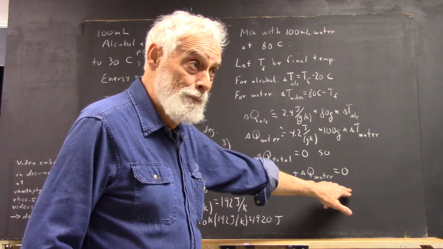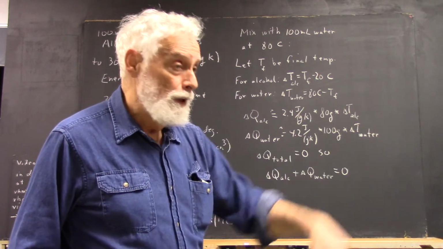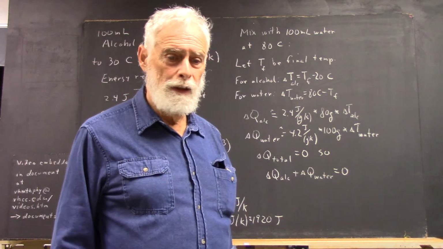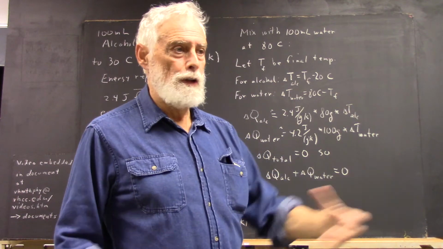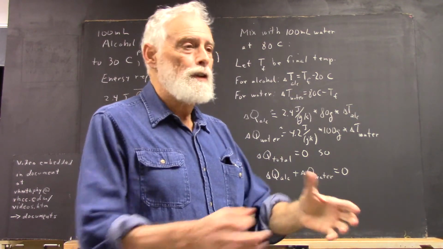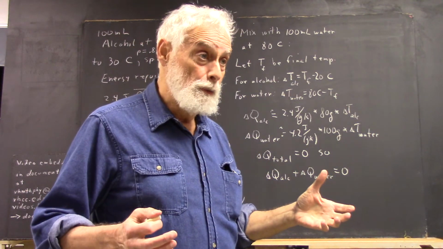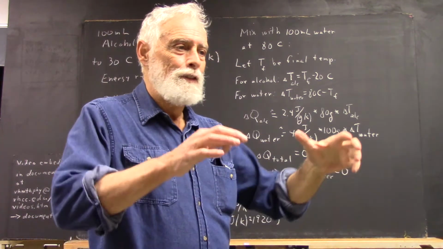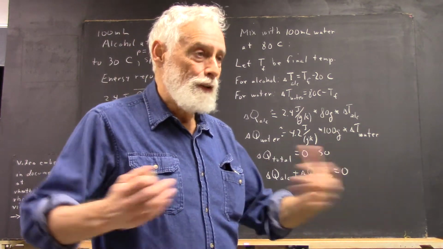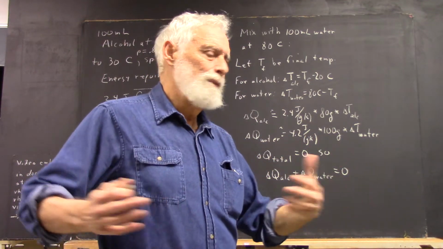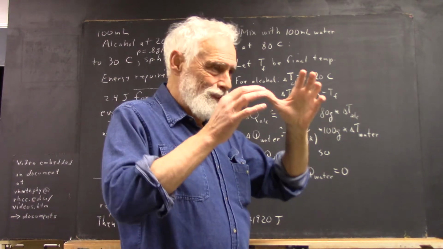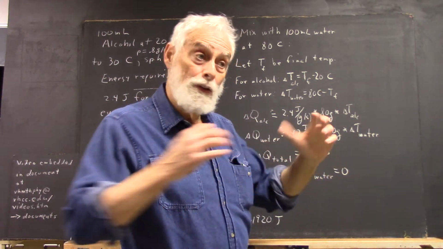Therefore this. Now in a real case, if you're mixing not alcohol in water, but let's say a chunk of hot steel in water, it takes a little while for that steel to come to thermal equilibrium. And if the system isn't isolated from the surroundings, then there is going to be some significant exchange between the system with the steel and the water and the surroundings.